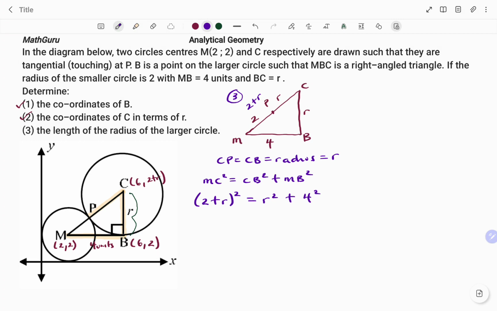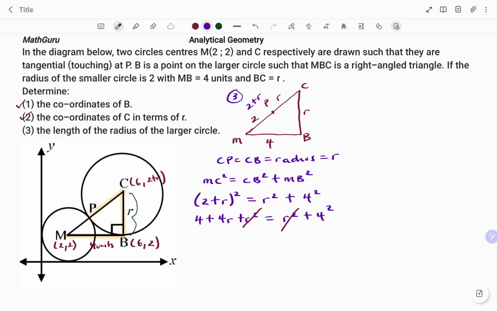If I expand the brackets on my left by foiling, I have 4 plus 4R plus R squared equals R squared plus 4 squared. I can take out R squared from both sides.